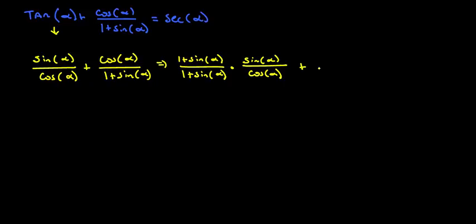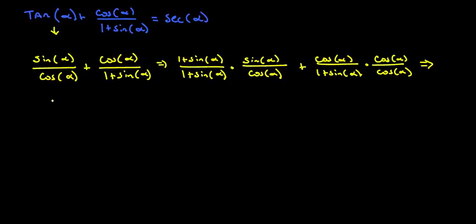And this guy on the right side is missing a cosine alpha on the bottom. So I'll write it like this for you. What I've done is I've multiplied by 1 over here and 1 over here, so I haven't changed anything.